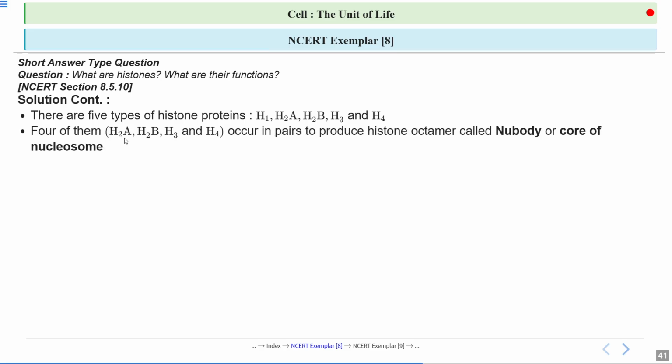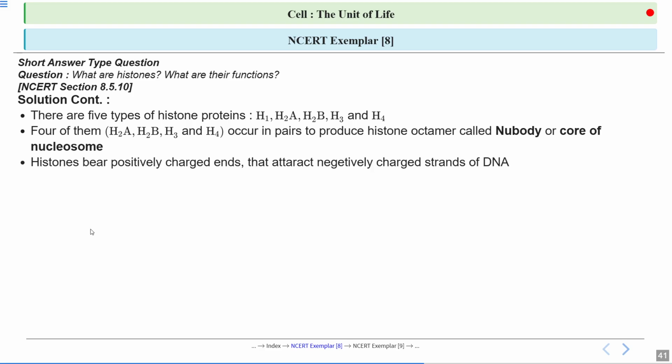So 4 of them, H2A, H2B, H3 and H4, occur in pairs to produce the histone octamer. Octamer means 8 in number. So 8 histones, each of H2A, H2B, H3 and H4, are present in pairs. So it becomes an octamer. It is also called the nucleosome core, or the core of the nucleosome structure.